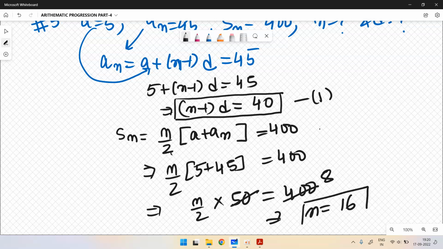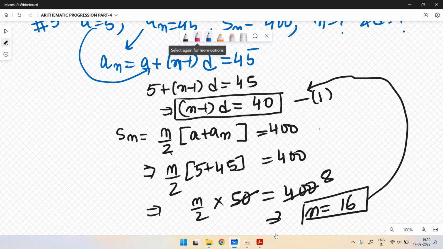If n is 16, we substitute this value of n in equation number 1. What we get is 15 into d is 40.